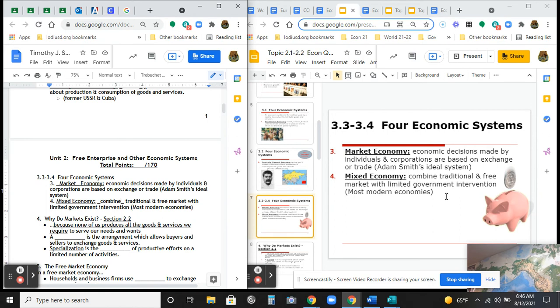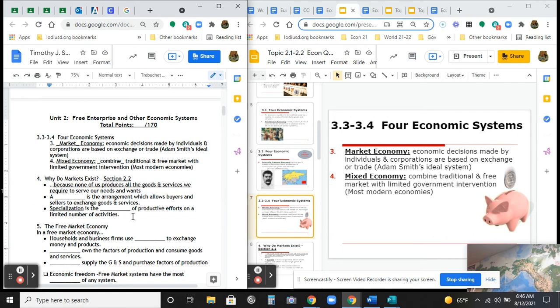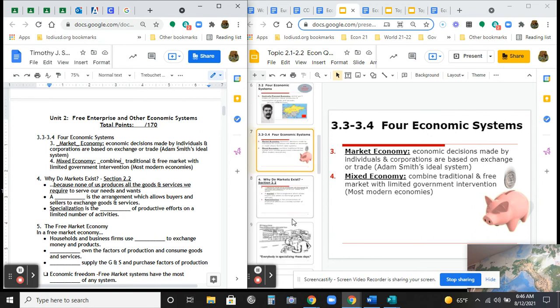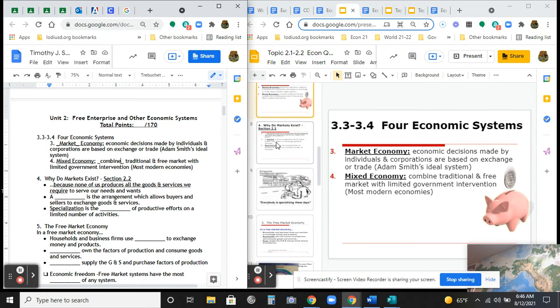And that safety net is some government intervention to make sure people don't suffer with economics. People don't go hungry. People don't turn to crime because they're frustrated, and so that's what you have with the mixed economy. There's a piggy bank showing how people can manage their own economic choices.